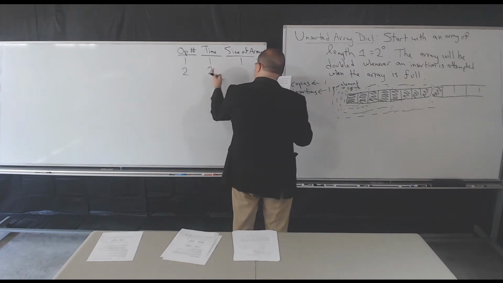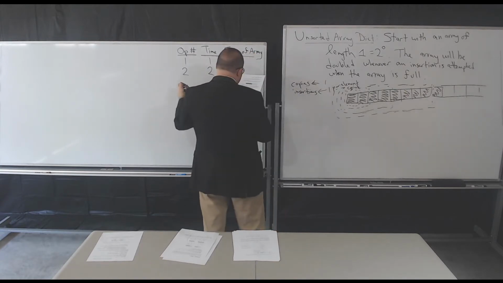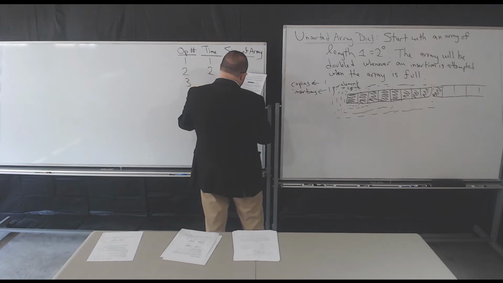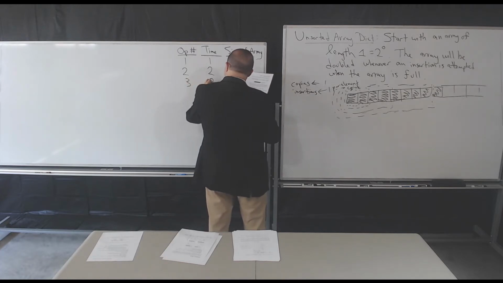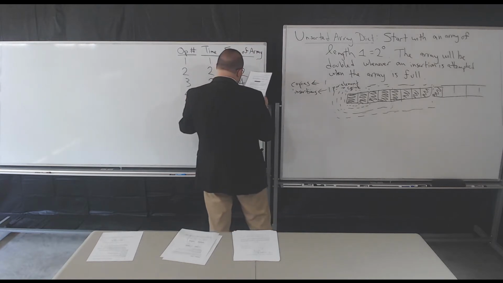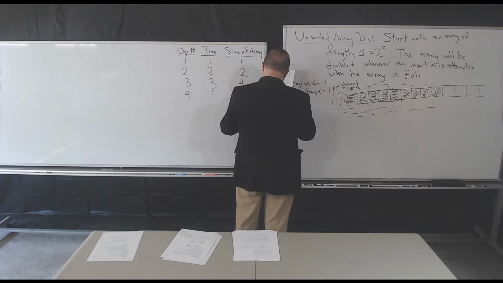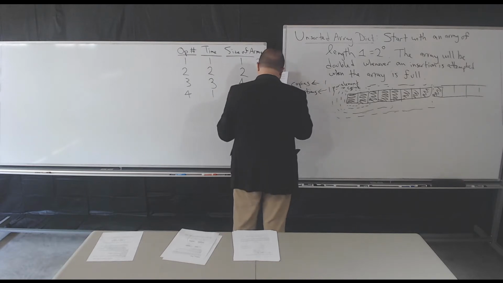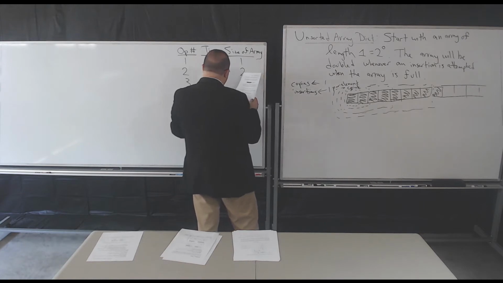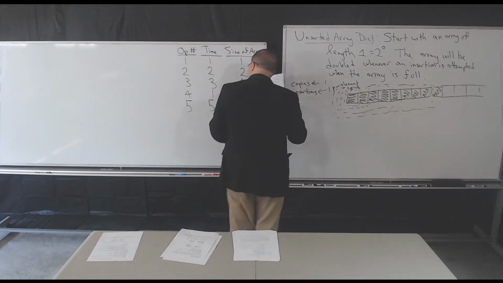So here, you'll notice that this will double the length of the array, so the size of the array becomes 2. Then what happens is, okay, operation number 3. Then I take 3 steps because it's full again. On the 4th, I will do how many? 1, right? I just put it right in, like I did before. Size of the array is still 4. On operation 5, I take 5 because it's full again. I double.